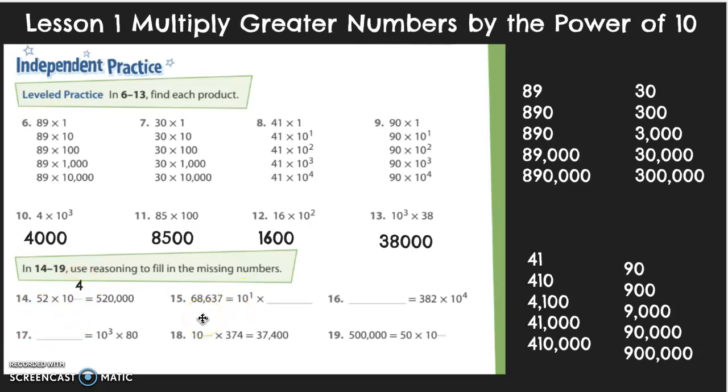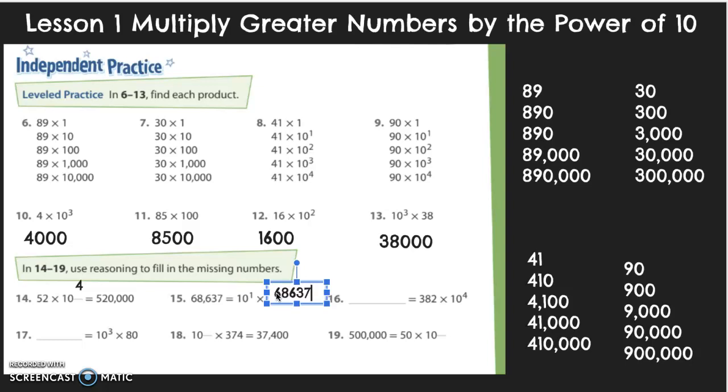Okay, let's look at this one. 68,637 times 10 to the equals 10 to the first times. Whoa, that one is a tough one. There are no zeros in there. So what are we going to do? If it's 10 to the first times what of this is going to give us that? What would you put? To me, those same numbers need to be there. 68637. Okay?